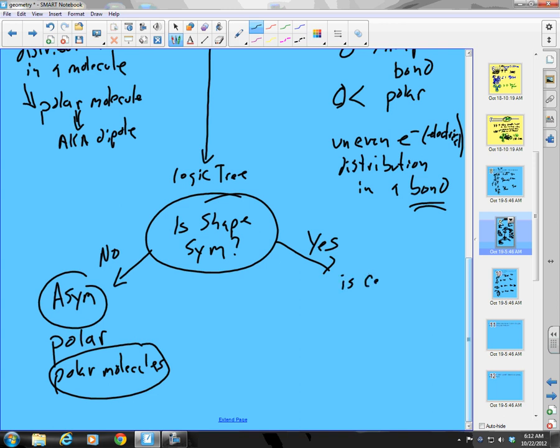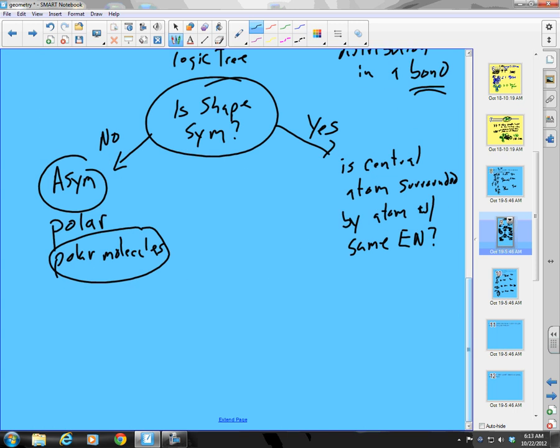Is the central atom surrounded by atoms with the same electronegativity? And what that for us means most of the time is, do we have the same atom surrounding my central atom.